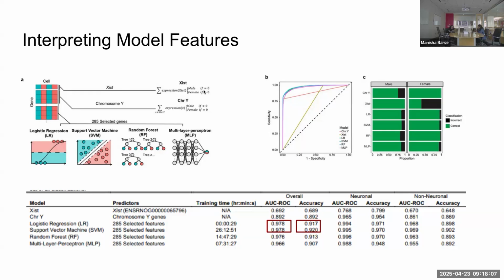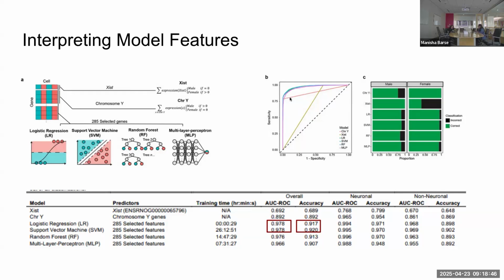This is how XIST is defined: the summation of expression levels for XIST, it is defined as male if 0, or female if the expression level is greater than 0, and it would be the opposite for chromosome Y. For the males, the expression values would be greater than 0, and for females it would be 0. So these are the 6 different models that the authors have used.